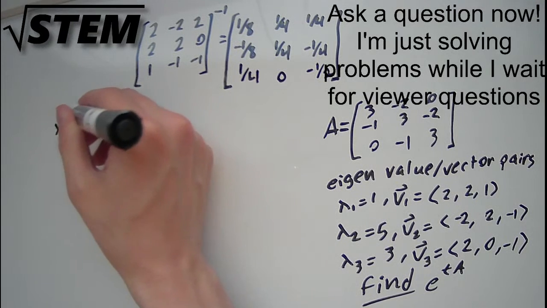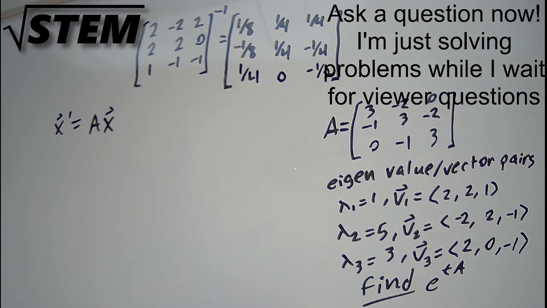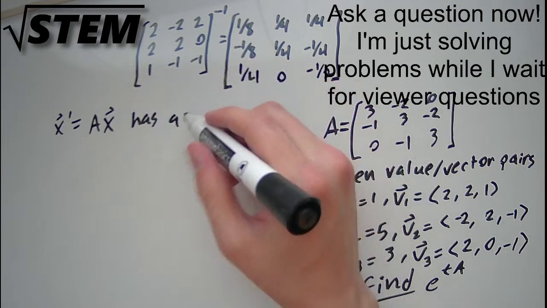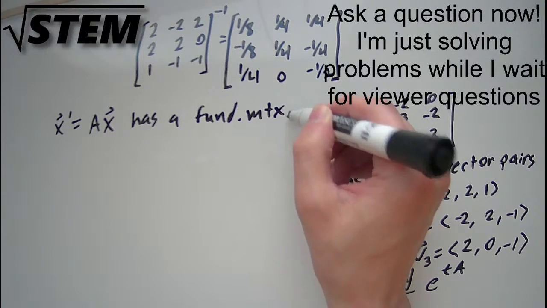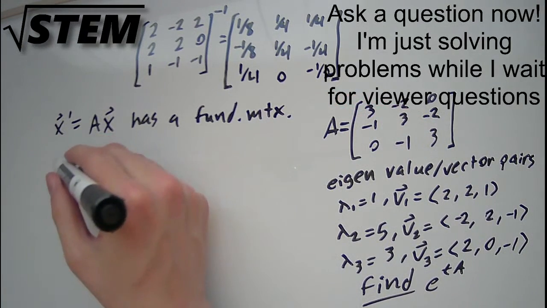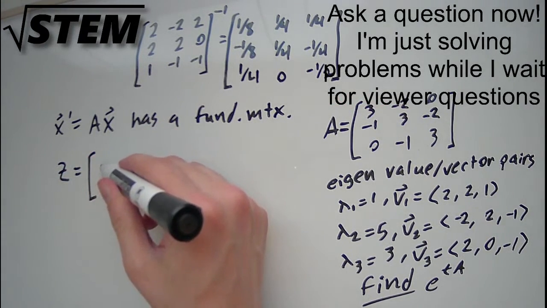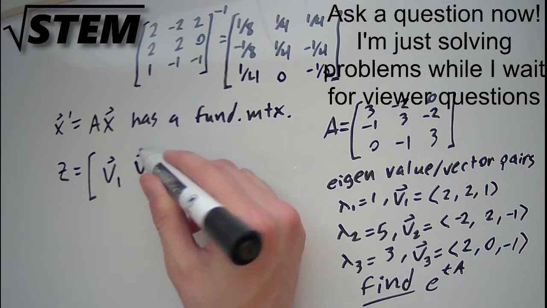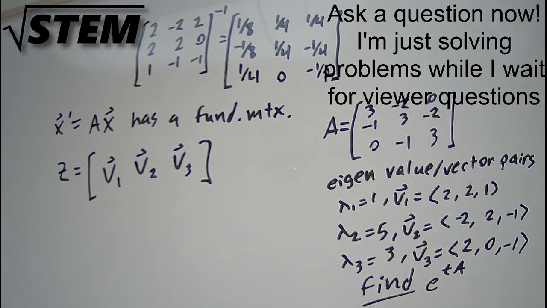Where you have a system of differential equations, x prime equals Ax, I'm going to shorten that, fund matrix, has a fundamental matrix Z where it is composed of the eigenvectors.